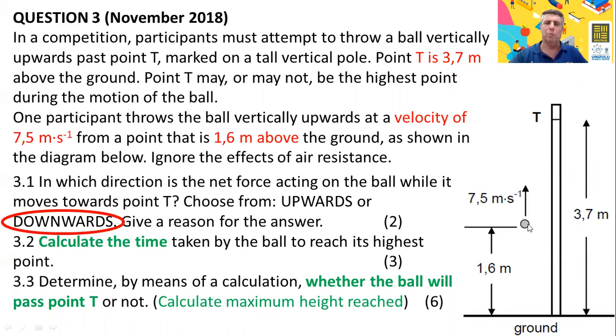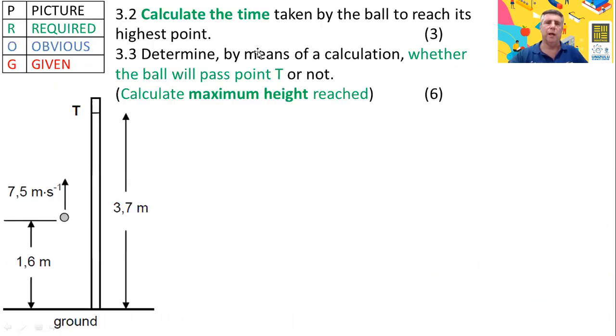And never forget that the ball starts off 1.6 meters above the ground. So let's look at the first part of the question. Calculate the time taken by the ball to reach its highest point, and then 3.3 will ask for the maximum height reached. So once again, we're going to remember that positive motion and positive direction is upwards.